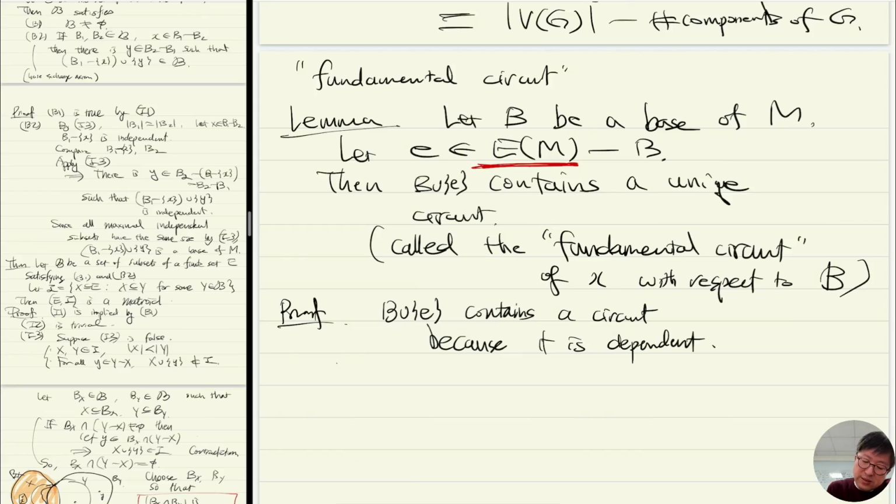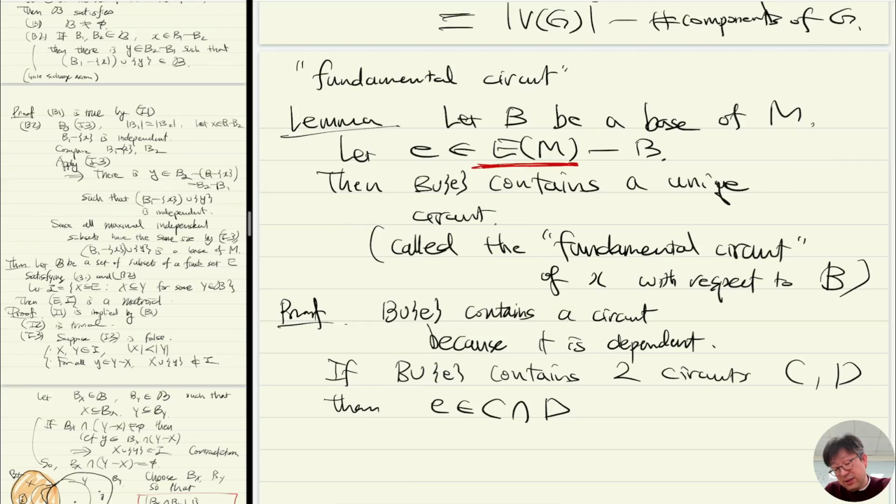So why is it unique? If B union X contains two circuits, C and D, then X is in the intersection. Why? Because B does not contain any circuit, so any circuit inside B union X must contain X.